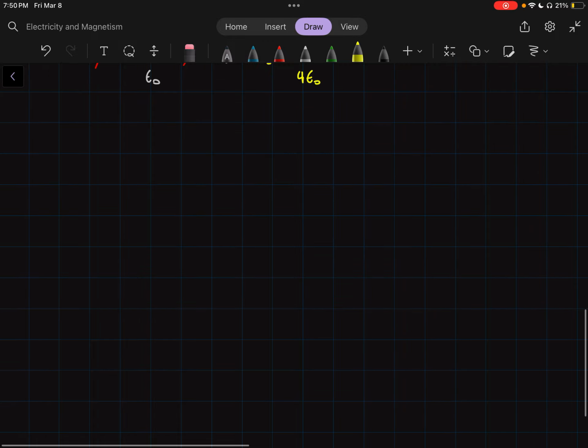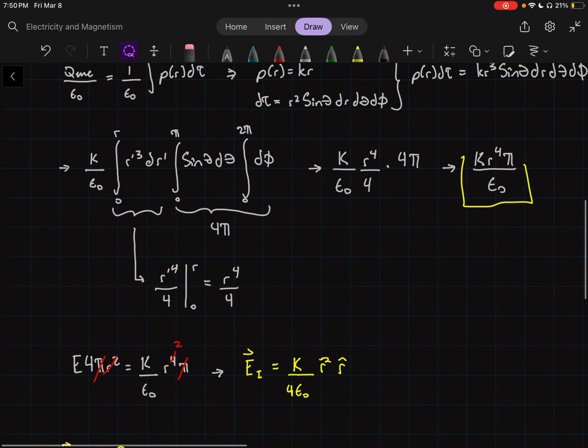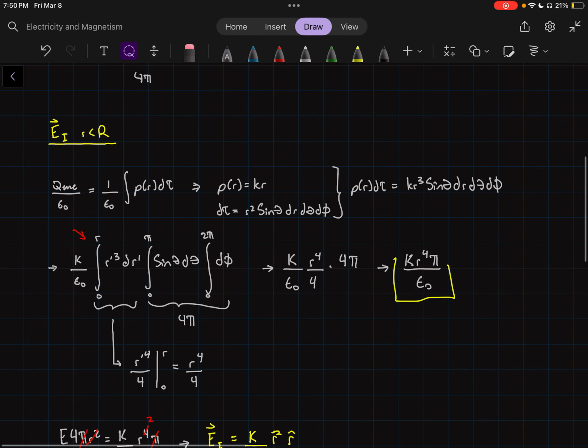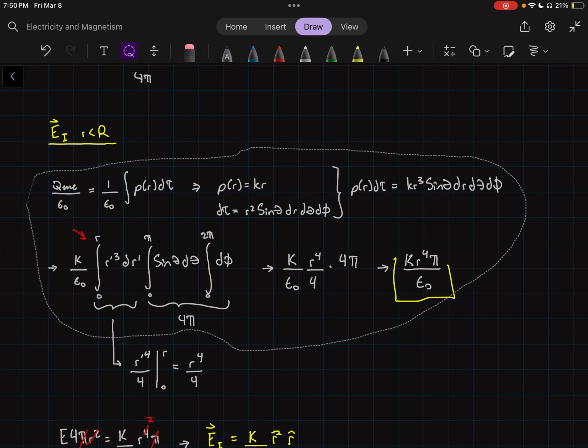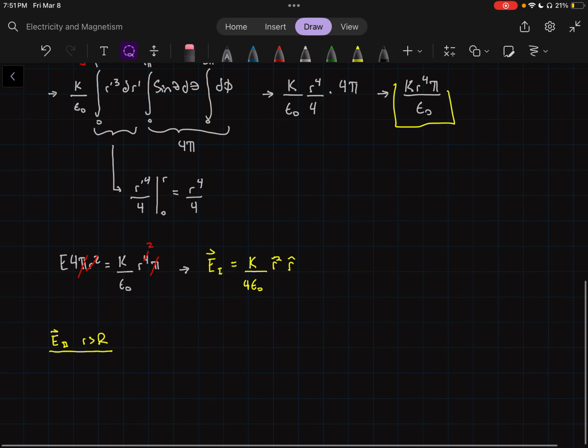Sweet. Now moving on to region 2, which is for little r greater than big R. Same process. So actually, the only thing that'll change here is your bounds of integration on this integral right here. So actually what I'm going to do is I'm just going to go and snag this whole bit and just move it right down here.